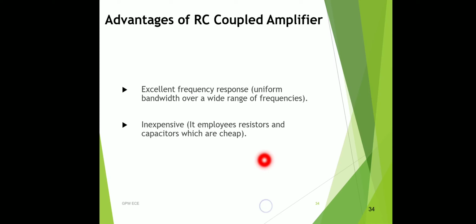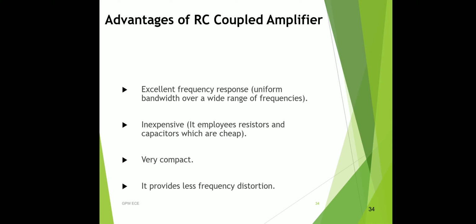As we discussed in the first video, an amplifier has to increase the magnitude of the input signal, but it should not change its frequency and shape. In this RC coupled amplifier, the frequency distortion is very less.